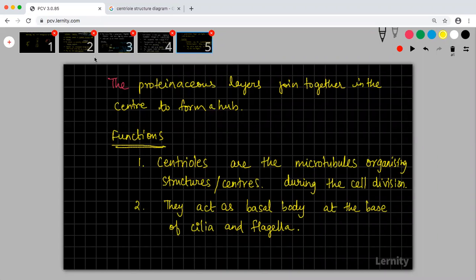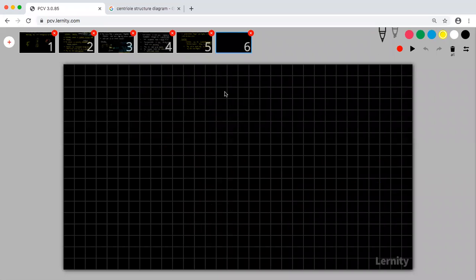Okay. So what is the structure? What is the role of the centriole? I'll just try to explain. Whenever cells are going to divide, the centriole will be here. Here also there will be a centriole.